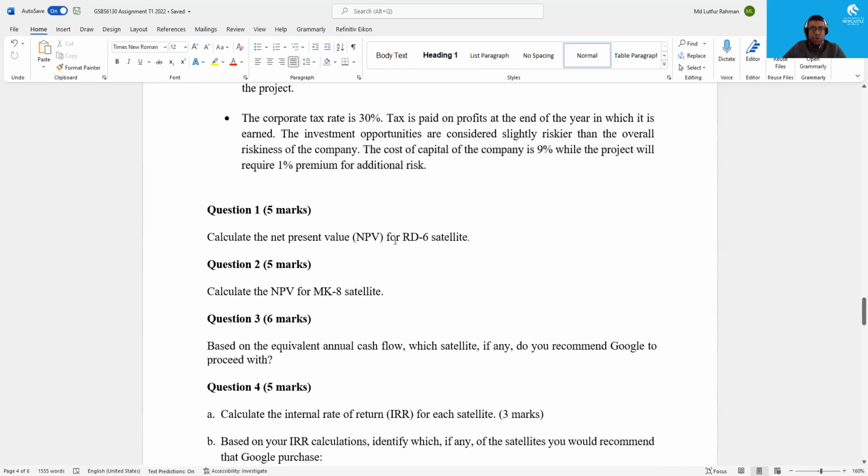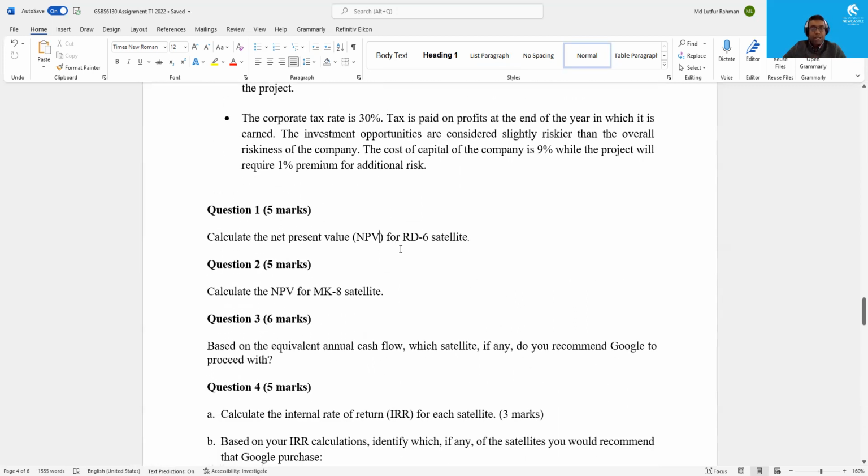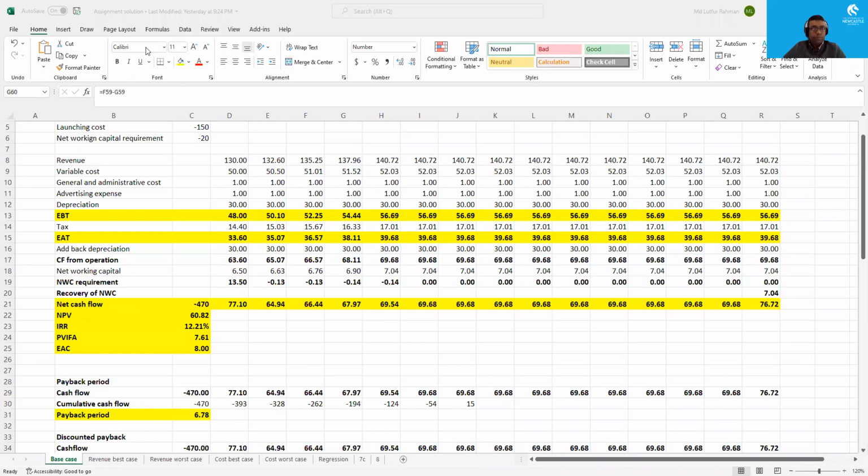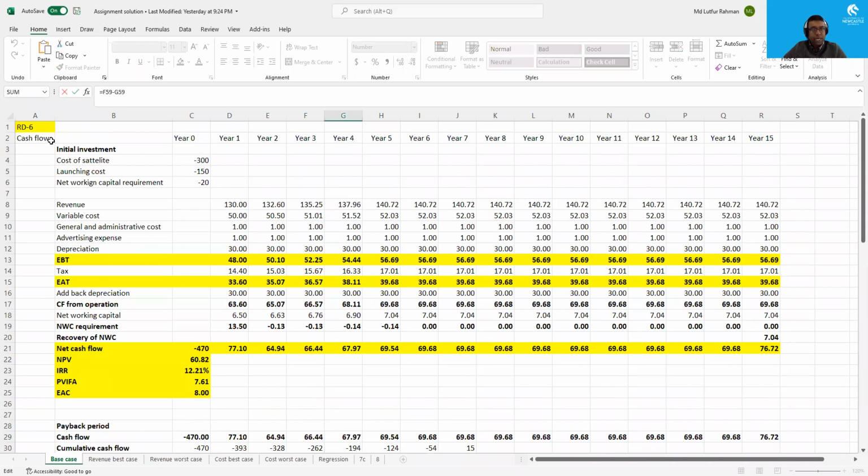So then you go through these questions one by one. Let me share the Excel file and explain a couple of points. Here is the Excel file, and this is first of all the RD6.